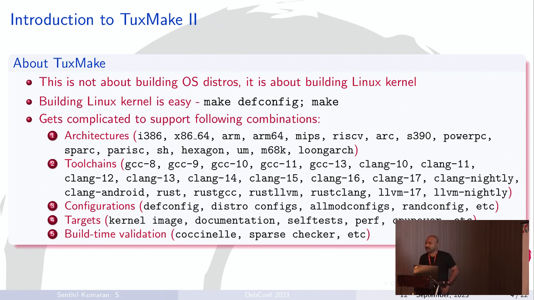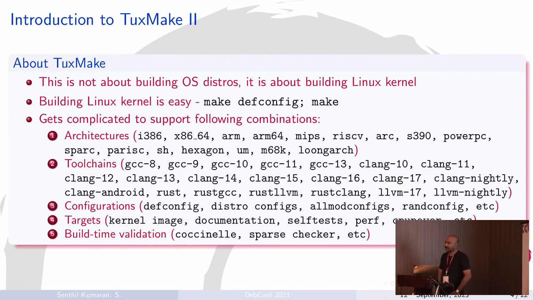As we saw yesterday in Jonathan's talk, it's a replacement mostly for MIPS. Similarly, we have different toolchains. We have GCC, Clang. Right now, the Linux kernel also supports Rust and LLVM and things like that.